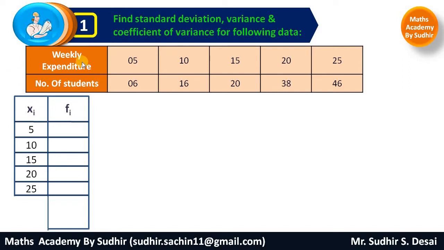What are they? 5, 10, 15, 20, 25. Second column is of number of students, which is denoted by the letter fi, and these are 6, 16, 20, 38, 46. Now to find standard deviation or any type of deviation, we have to calculate mean first.